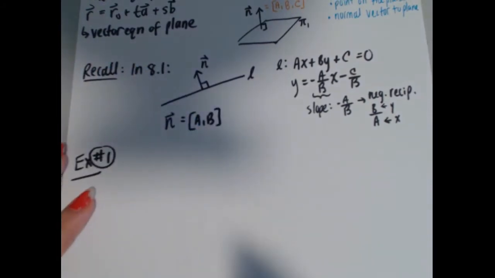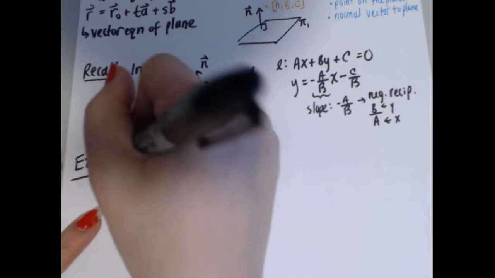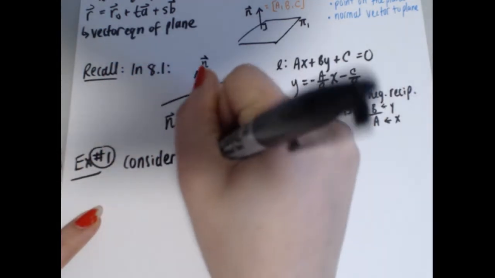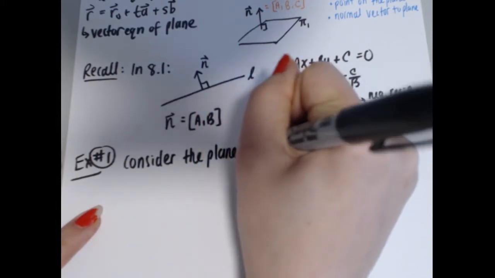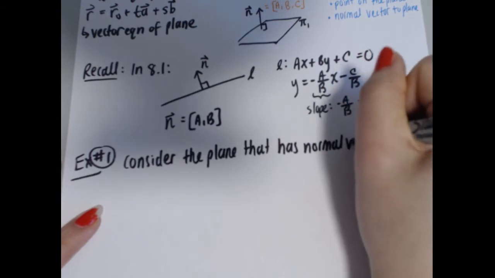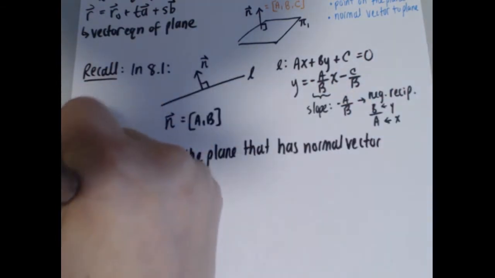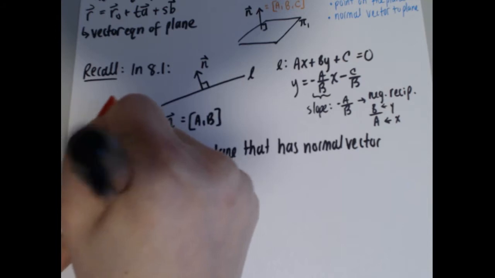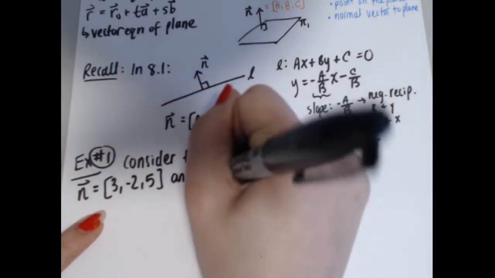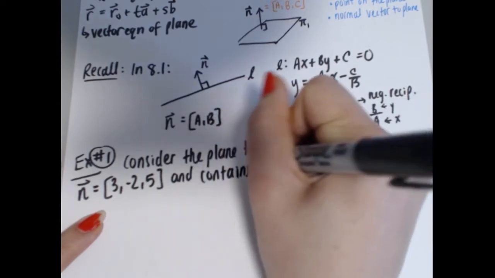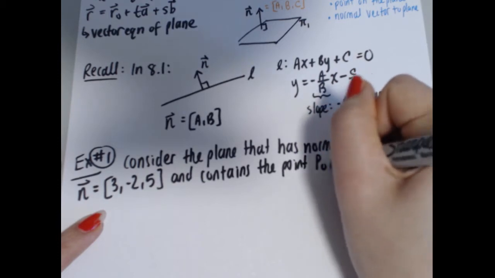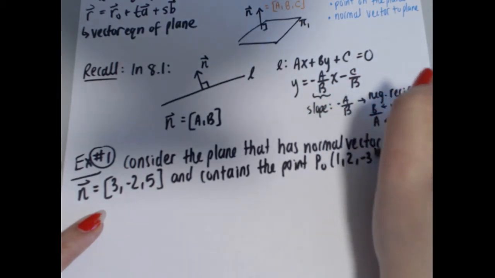All right, so example 1, consider the plane that has normal vector n, which is [3, -2, 5], and contains the point P0, which is (1, 2, -3).